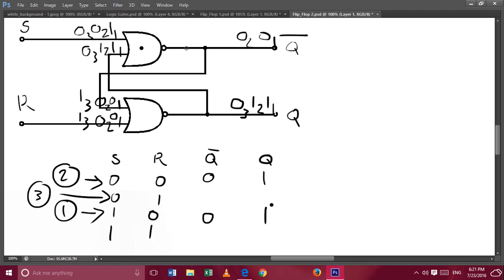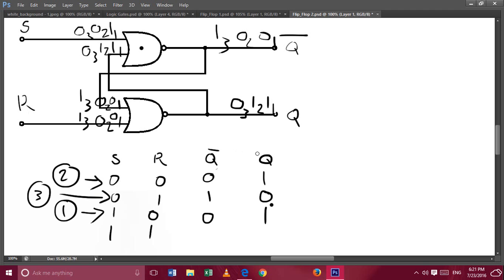And 0 and 0 in the NOR gate gives you 1. So, as we expected, Q bar equals 1 now, and Q, which is the output for the entire flip-flop, equals 0. Now you see how R did reset the output to 0.